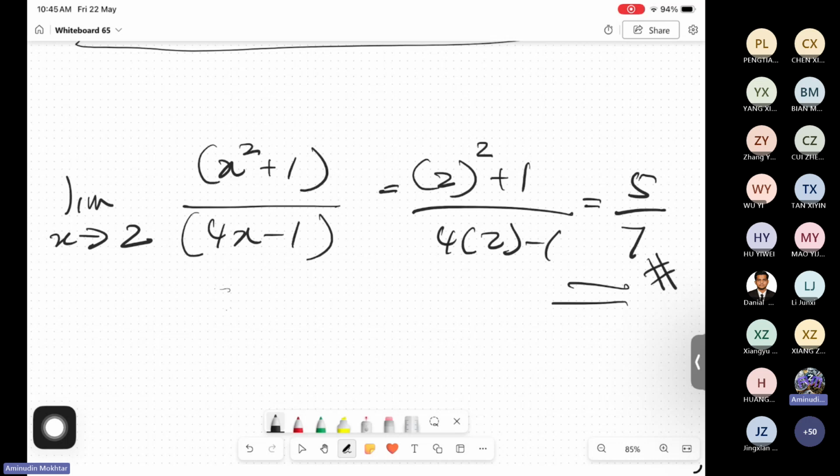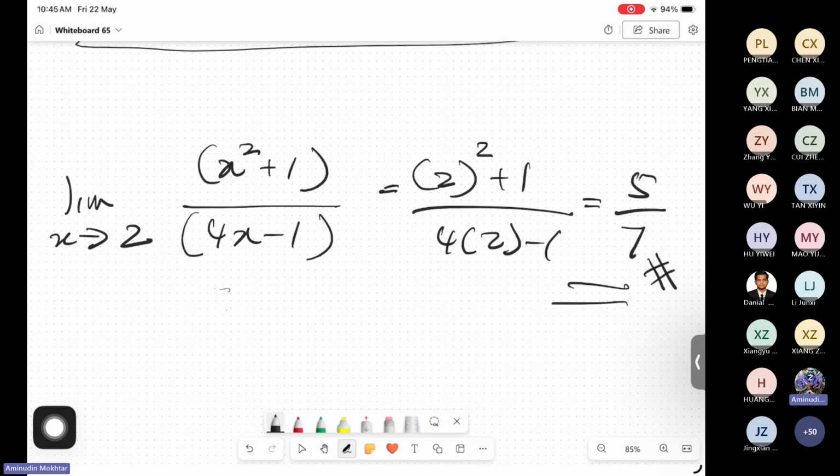So in this case, we can conclude that the limit is 5/7, and we can find the limit based on this rule of limit. In other words, no need to determine the value of x before 2 and after 2, or no need to find the right hand limit and left hand limit for this example.